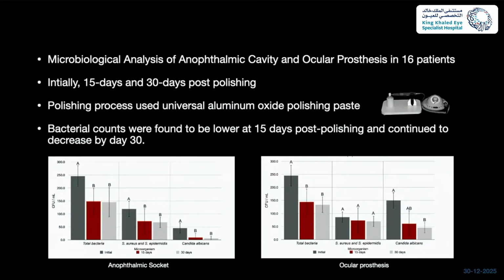The dark gray illustrates the total bacterial count initially, followed by the dark red, which represents the total bacterial count 15 days after polishing, and the light gray, which shows the total bacterial count 30 days after. So the bacterial counts kept on lowering 15 days after the polishing and further at 30 days after the polishing. By 1 month, there was less and less bacteria on the prosthesis.